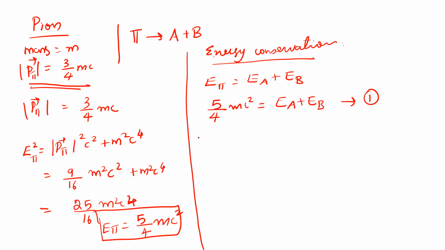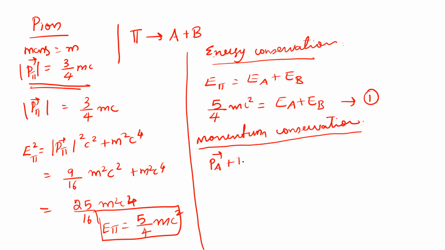Now let's look at momentum conservation. By momentum conservation we mean 3-momentum conservation. You can also do this using 4-vectors, but this method is easier here. Momentum conservation says that P A vector plus P B vector is equal to P pi vector. We said there's only one dimension.